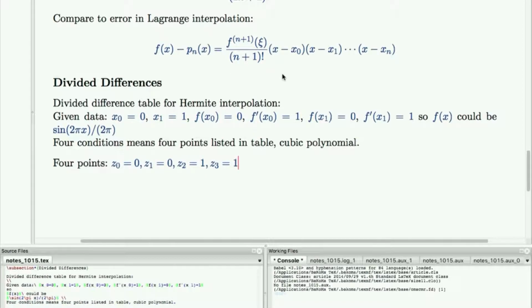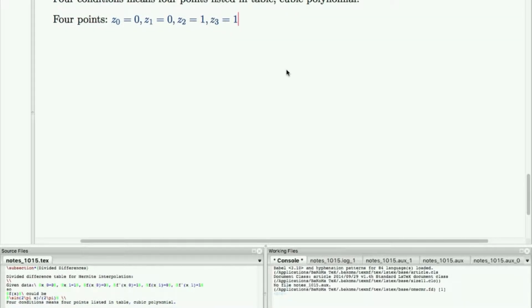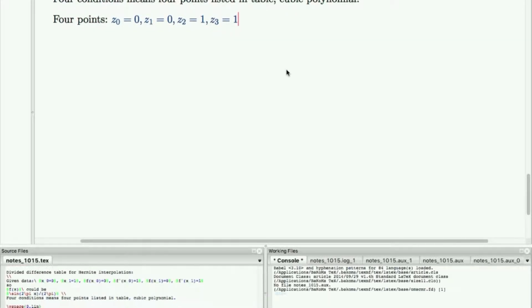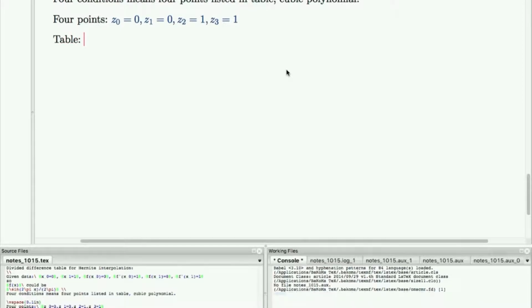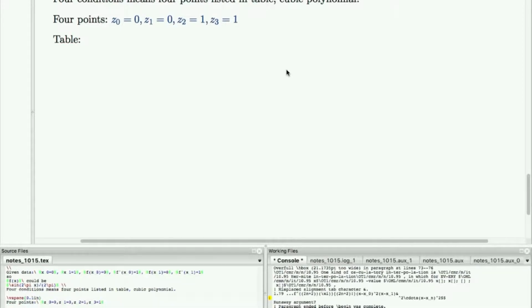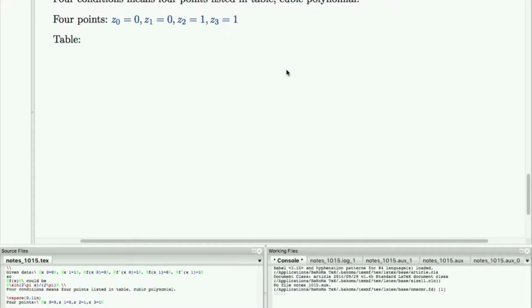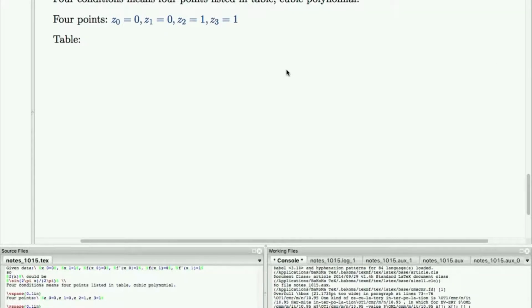So the actual table, I'll do this as a matrix.